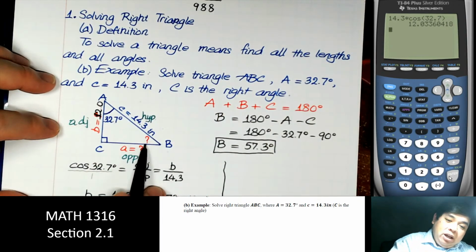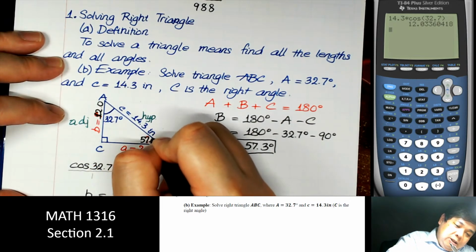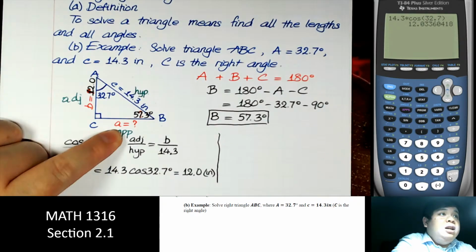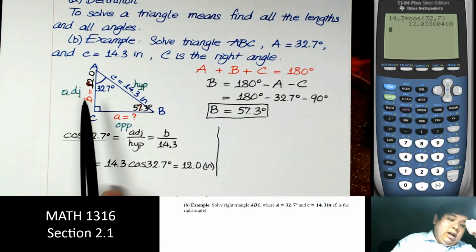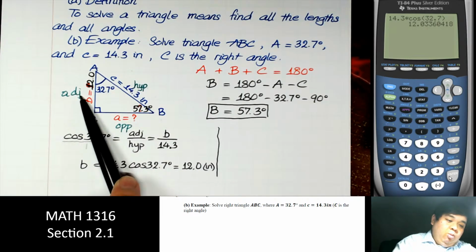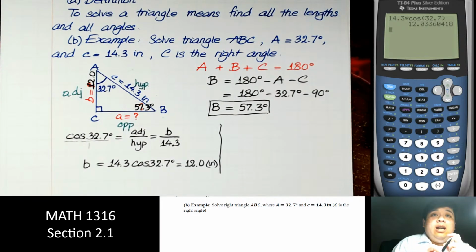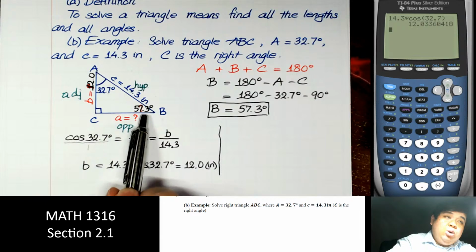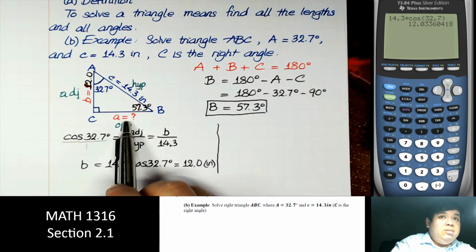and we know angle B, 57.3. Just need to find A. There's a lot of options to find A. 1. Pythagorean theorem. We know 2 sides. We can find the third one easily. That's one way. The second method is we use this angle and use trigonometry to find it.